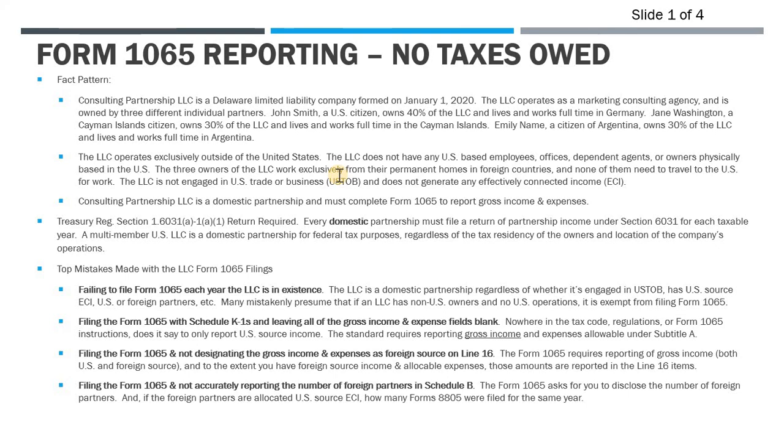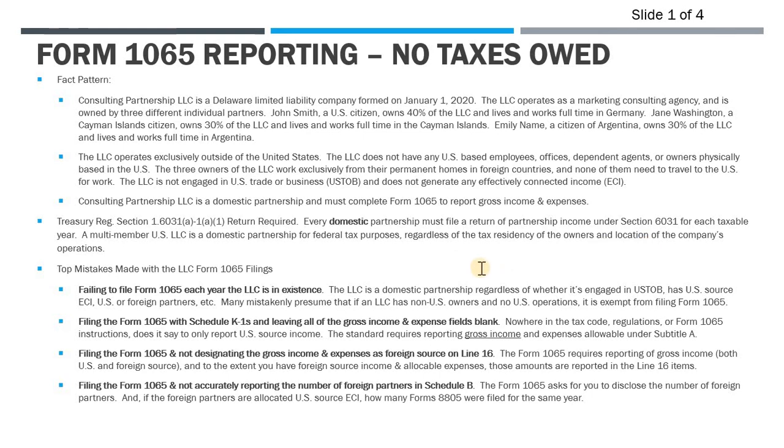Now, the reason for the 1065 reporting, even though you don't have a U.S. TOB and no U.S. ECI, is that under the Treasury regs and the Internal Revenue Code, every domestic partnership must file a return of partnership income, right? In this case, we have a U.S. LLC.